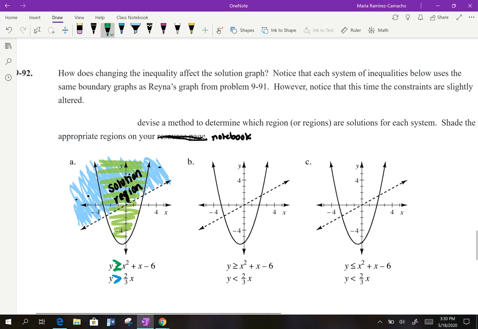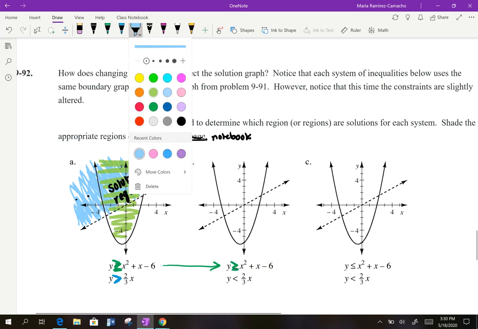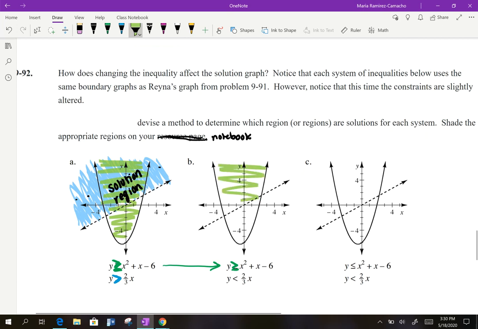Okay, from part A to part B, this quadratic inequality is the same. It's still greater than or equal to, which means that we are going to shade on the inside of the parabola again. And what's different is instead of having y is greater than 2/3 x, now we have y is less than 2/3 x.